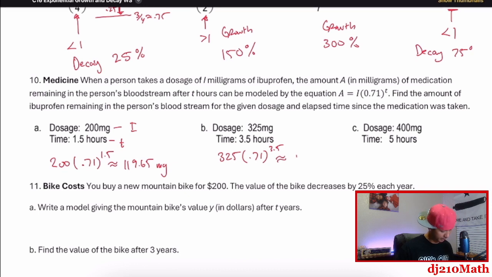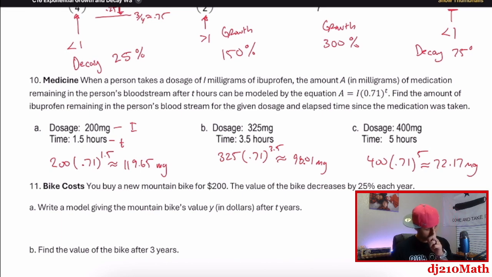We got 98.01 milligrams. And last but not least, 400 times 0.71 to the 5. We have 72.17 milligrams. Okay.